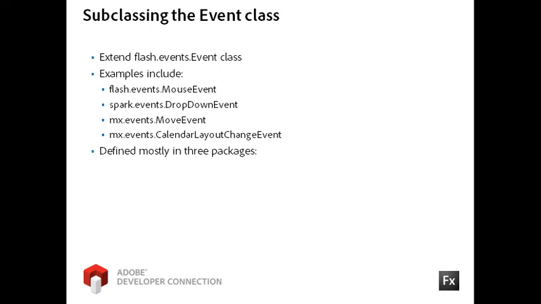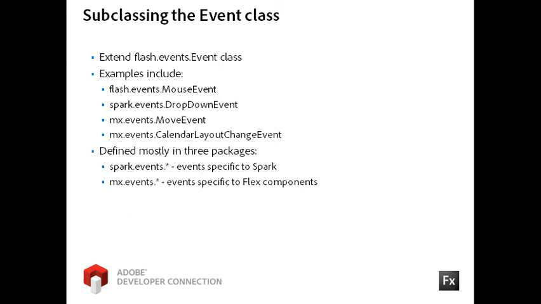The spark.events package defines event classes that are specific to Spark. The mx.events package defines event classes that are specific to Flex Framework components in the MX library. The flash.events package describes events that are not unique to Flex, but are instead defined by Flash Player.